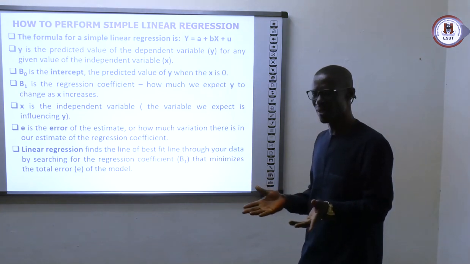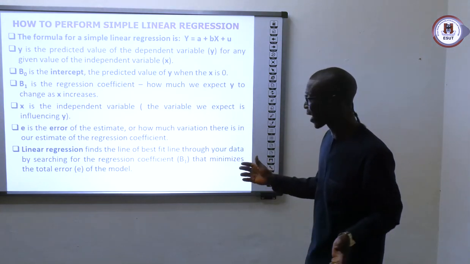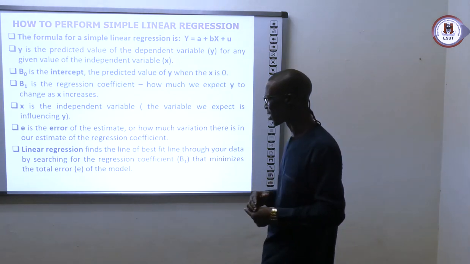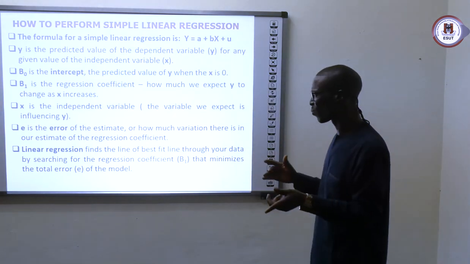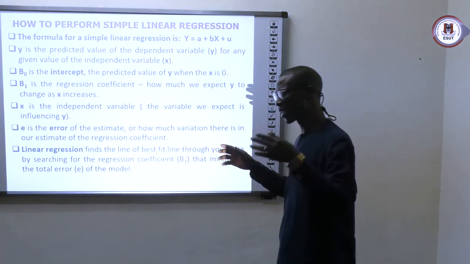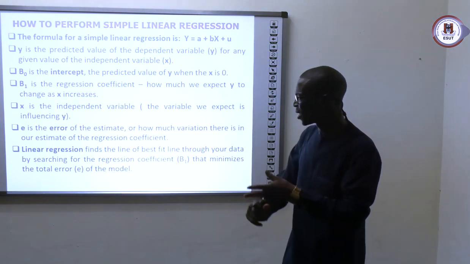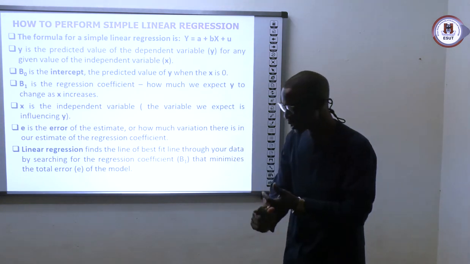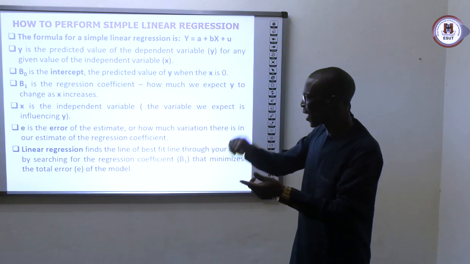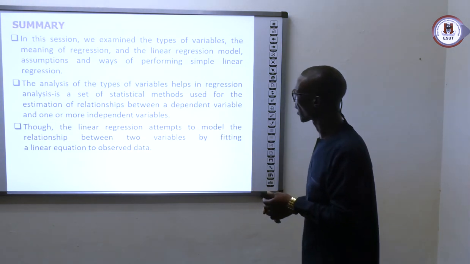It could be any other symbol; it is not unique to beta 1. And we have the error term component of the regression. So we will say that in regression analysis we have the dependent variable, the independent variable, the coefficient, the constant, and the error term. These are the components of the regression analysis.